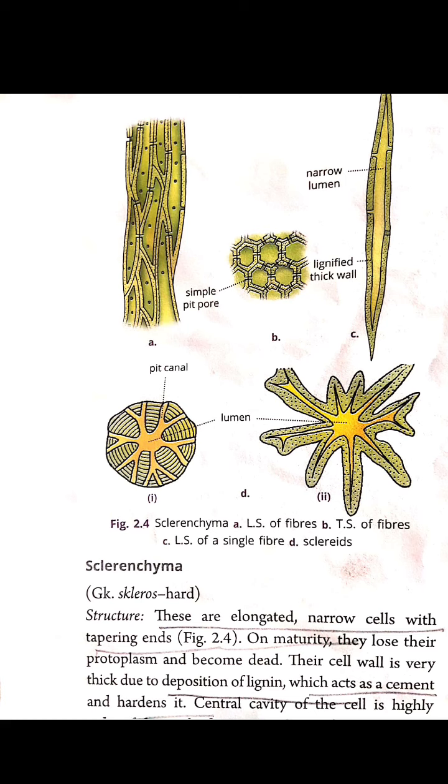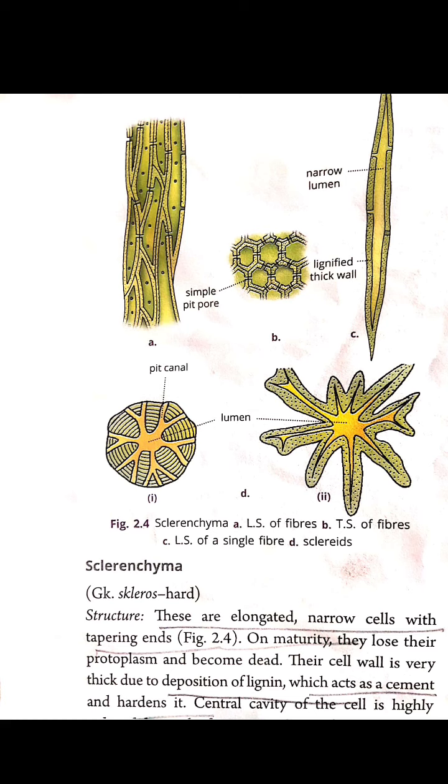You feel it when you eat a pear: there is a gritty feeling on your teeth, or a soft crunching sound when you eat it. That is nothing but the sclerenchymatous cells found in the pear.